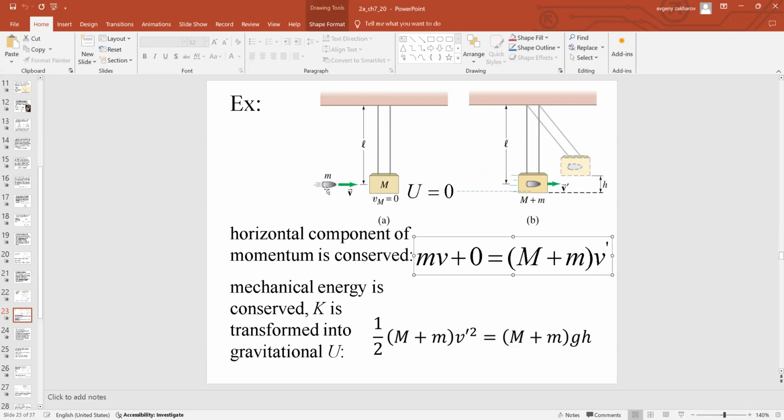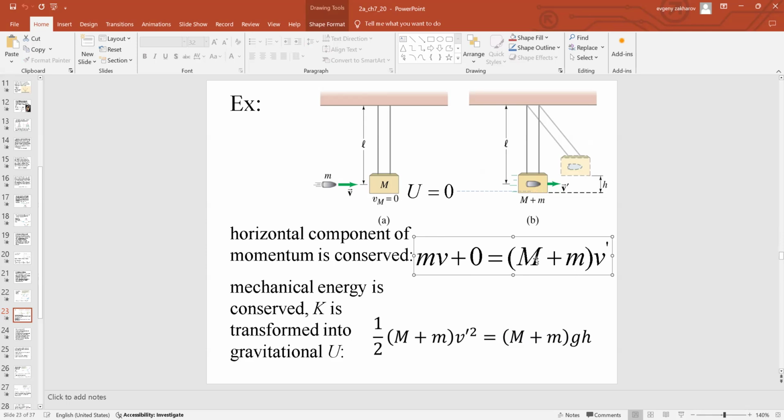So P sub x before equals P sub x after. P sub x before is just the little mass of a bullet times the speed of the bullet, positive direction, plus 0. 0 stands for the box with the sand, which was just sitting still before the collision. And after the collision, both masses are combined because the bullet embeds itself into the box.